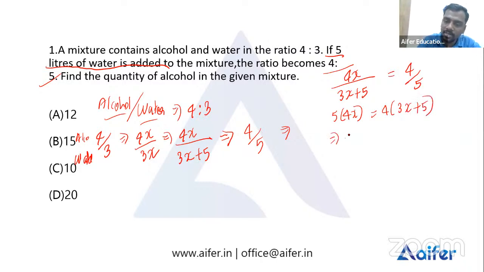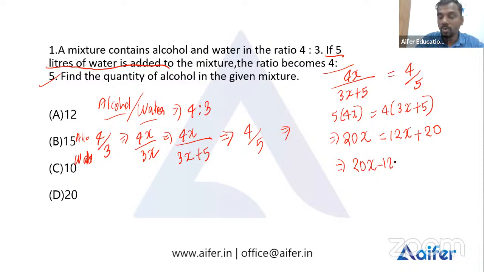5 into 4x is 20x, which is equal to 12x plus 20. So taking x to one side, 20x minus 12x is equal to 20.